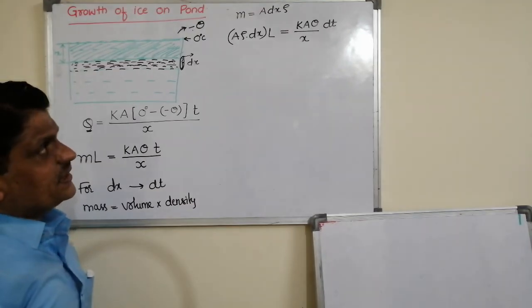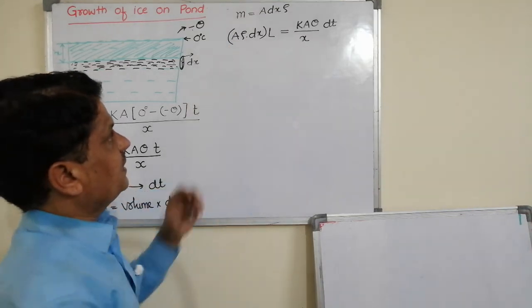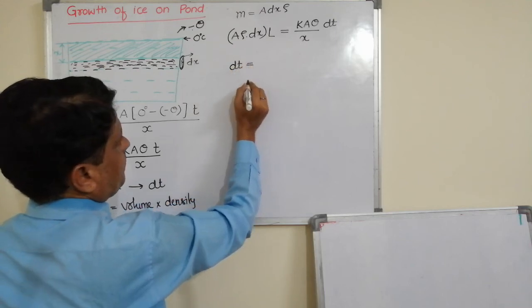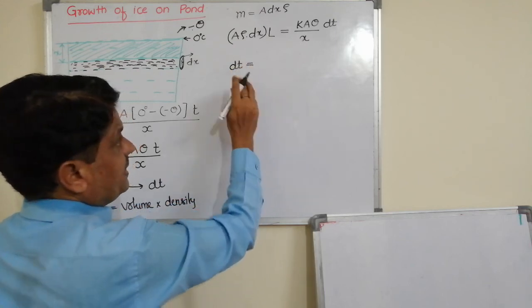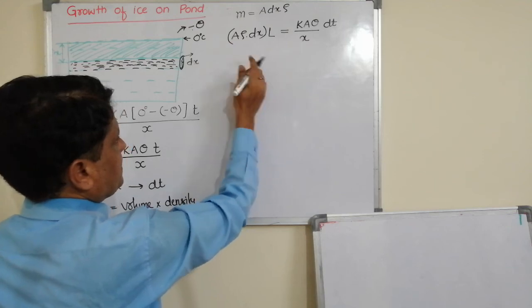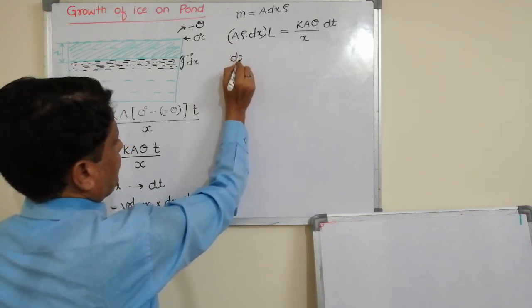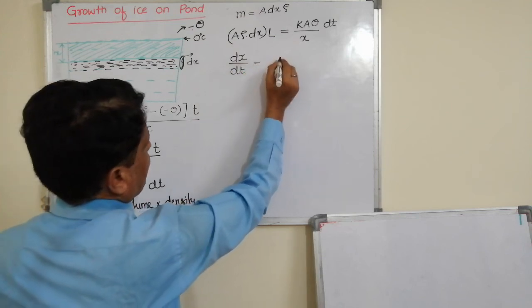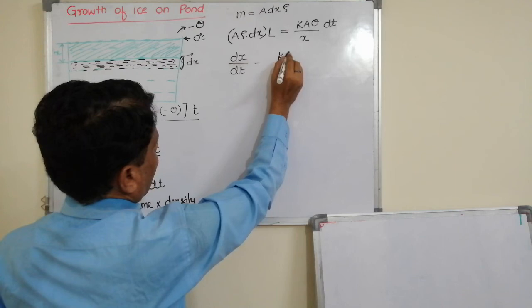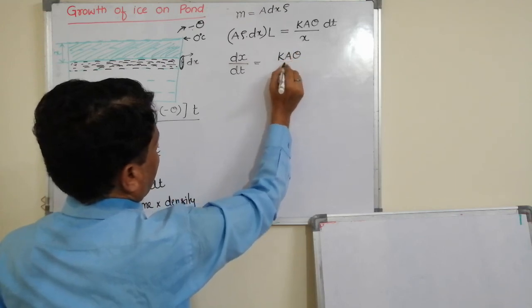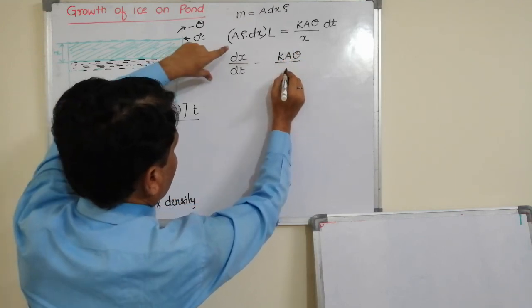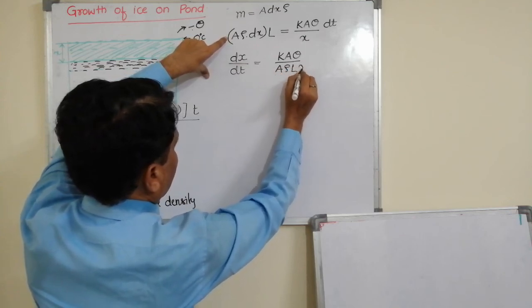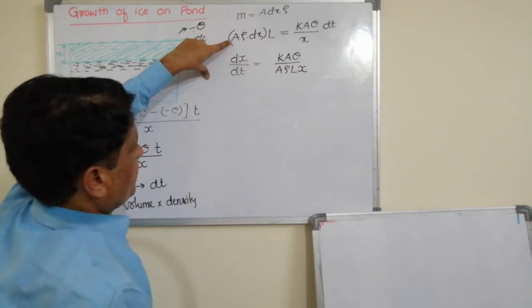We want to know how much time it takes, therefore reshuffle the terms. dx by dt is nothing but K A theta by A rho L into x.